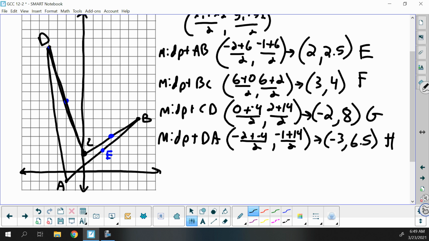Maybe that's a little better there. And negative 3, 6.5. And it looks like my freehand line might be off there as well. And I forgot to label my vertices. That's F, that's G, and this is H.